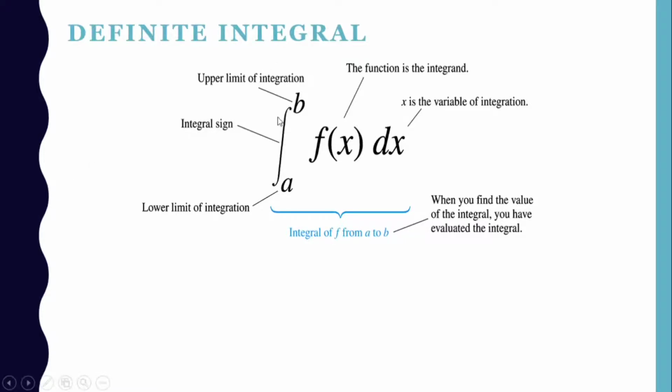This long S sign is called the integral sign. a is the lower limit, b is the upper limit, f of x is the function or the integrand, and dx tells us that x is the variable of integration. We read this whole term as the integral of f from a to b.